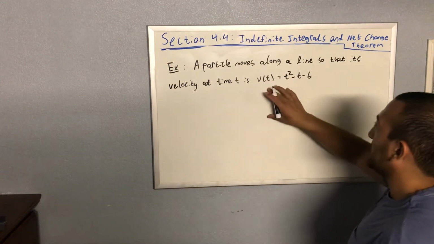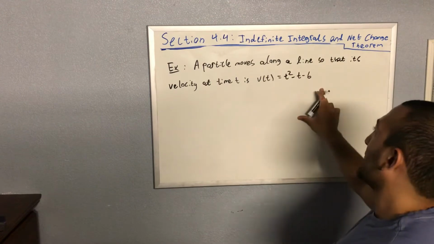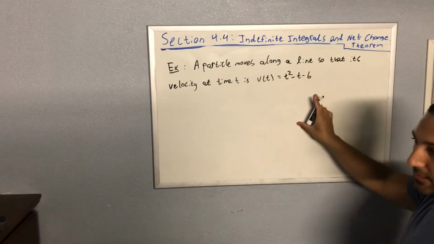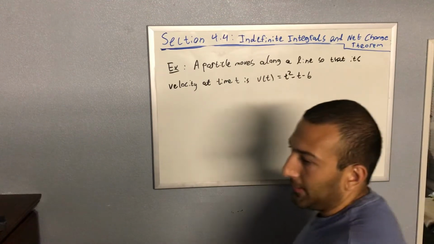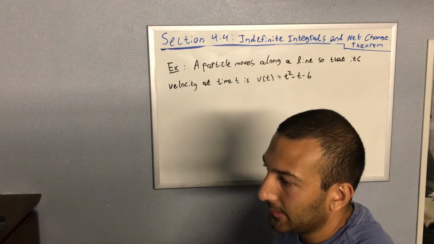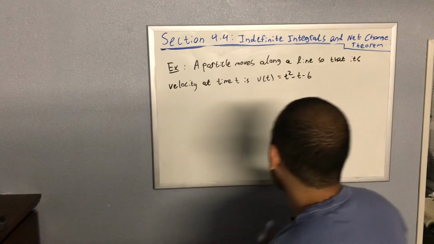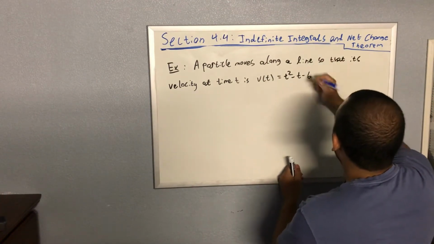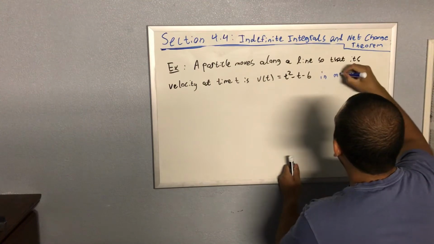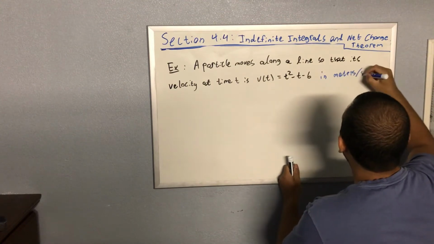And its velocity at any given time is given by this function, t squared minus t minus 6. And we're going to measure this in meters per second.